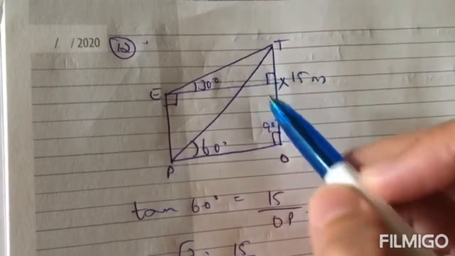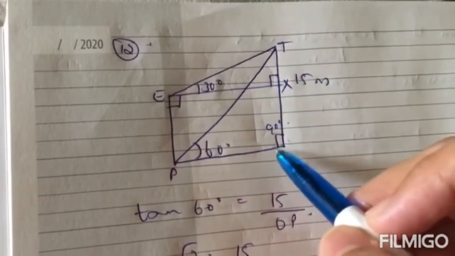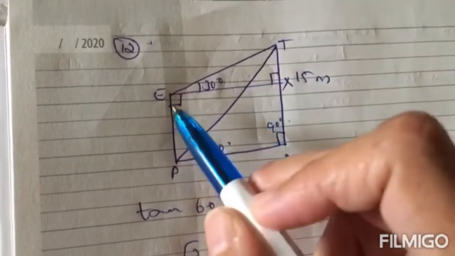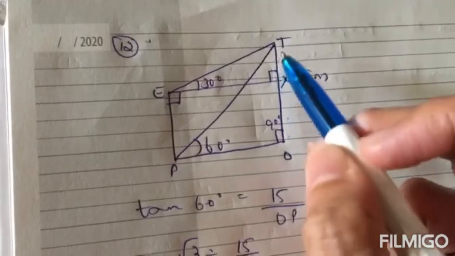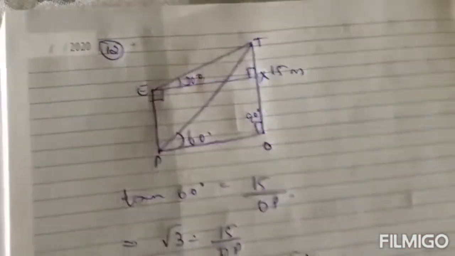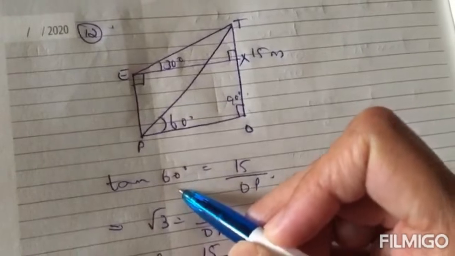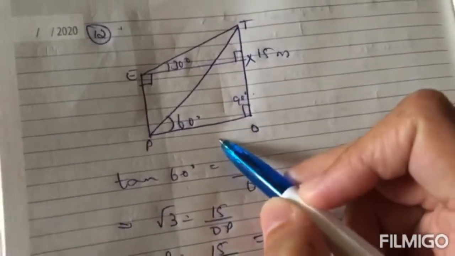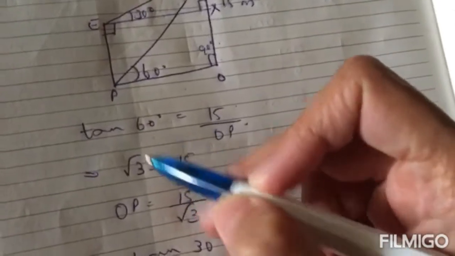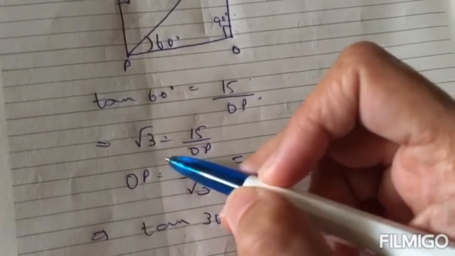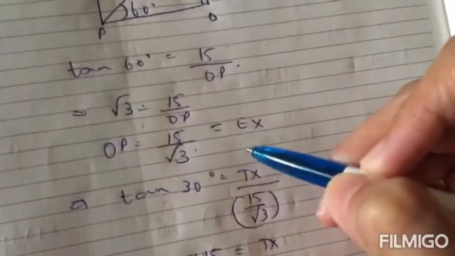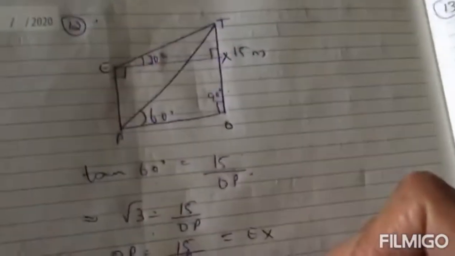So we have two right-angled triangles, XET and OPT. So we know that tan 60 is equal to the perpendicular divided by base. We know that by now. Tan 60 from the table that I showed you is root 3, and when you solve for OP, you get 15 by root 3.